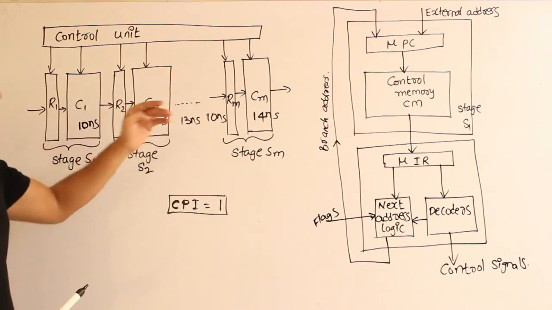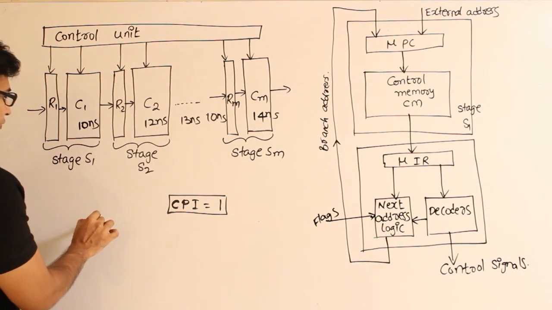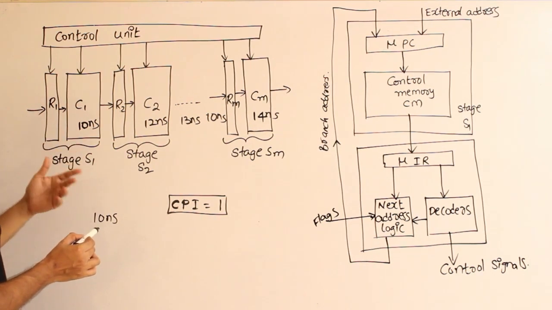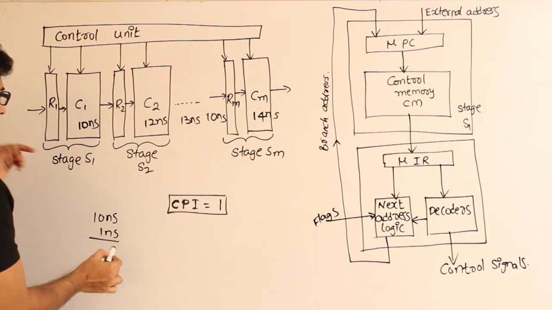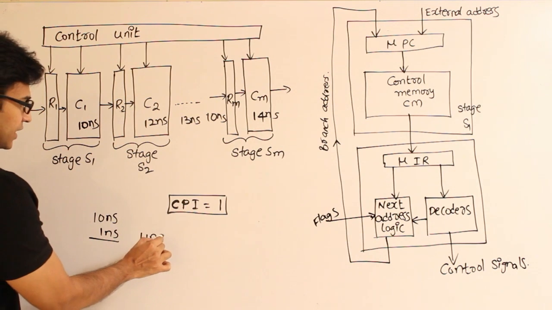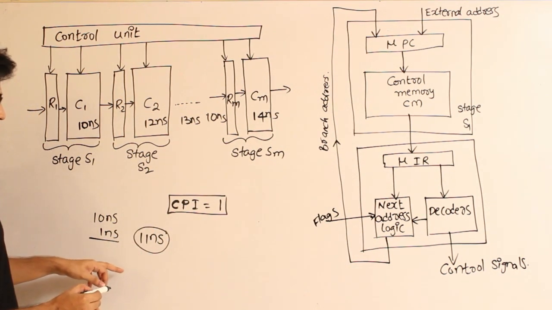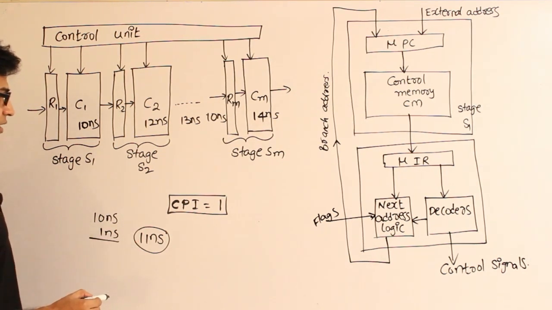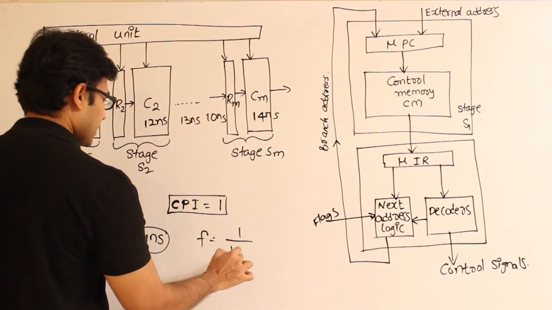If all the stages have a uniform delay of 10 nanoseconds, and assume that every register adds a 1 nanosecond delay for load and read, then every stage takes 11 nanoseconds, and we can set the clock so that the time period of each clock cycle is 11 nanoseconds, which means I can set the frequency equal to 1 by 11 nanoseconds.